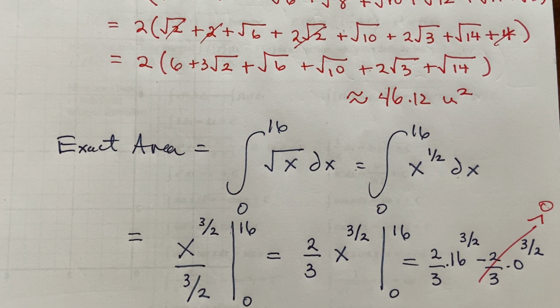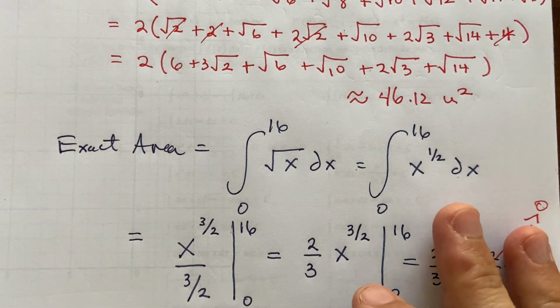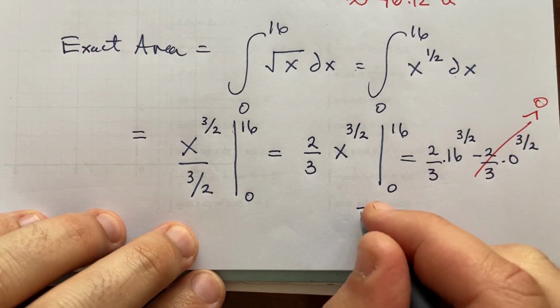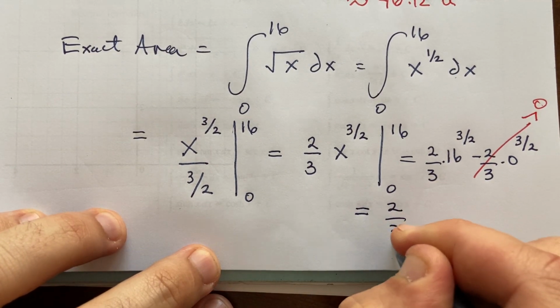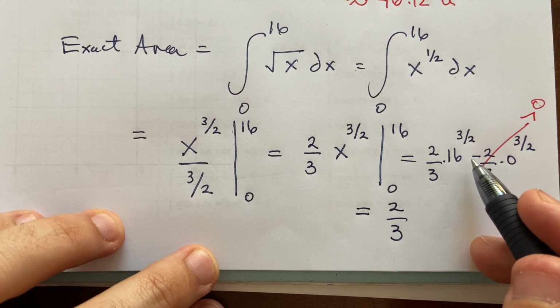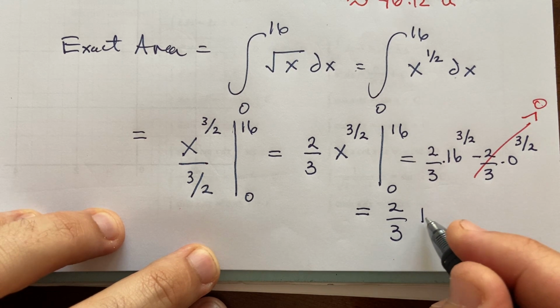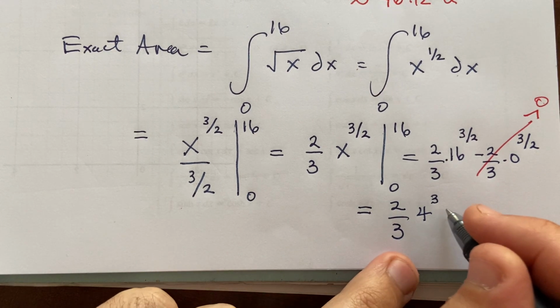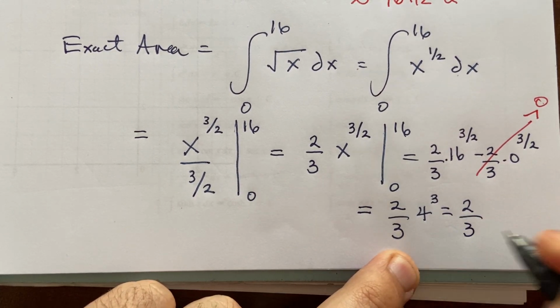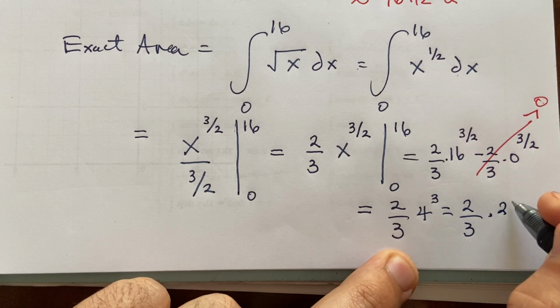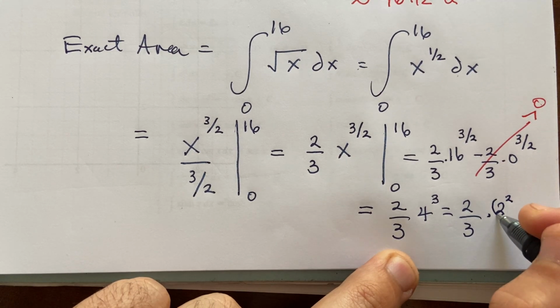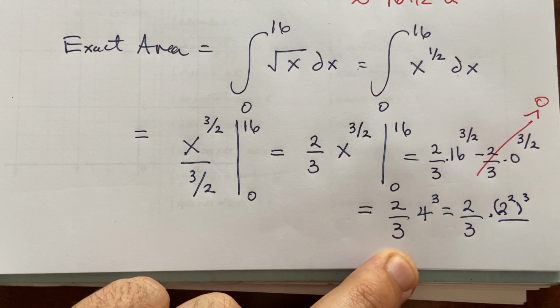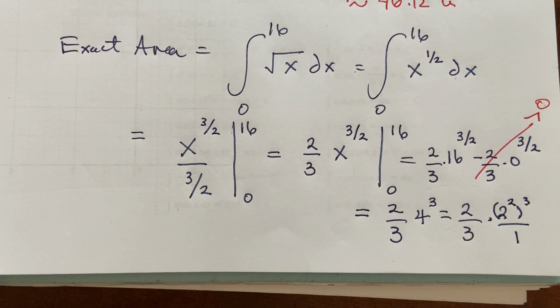16 to the 3/2 would be the same as, let me reduce that a bit, 2/3, the square root of 16 is 4, so this would be 4 cubed. 4 is the same as 2 squared, so 2/3 times 2 squared cubed over 1, technically.